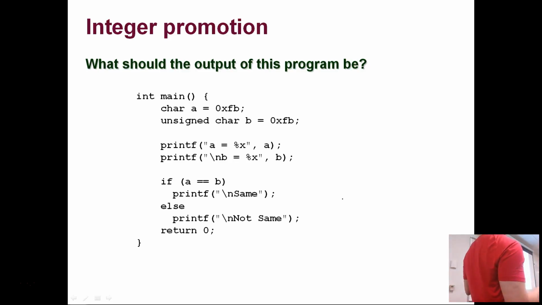Okay, so then what should the output of this program be? You have an unsigned char and a signed char. You print out their hex representations A and B, and then you ask is A equal to B, same or not same. What gets printed out for A?